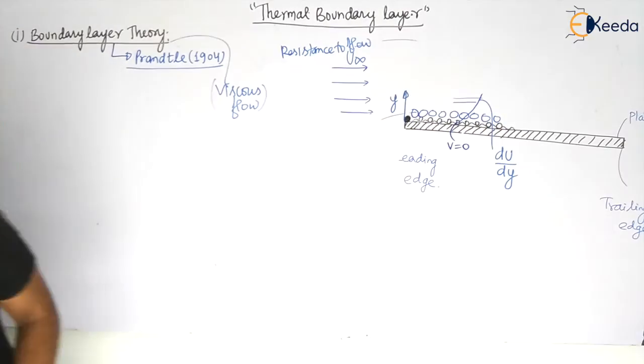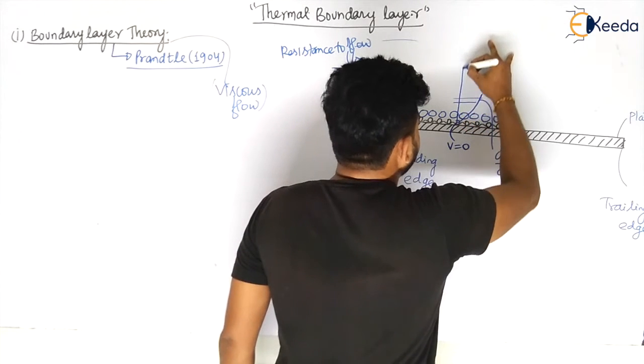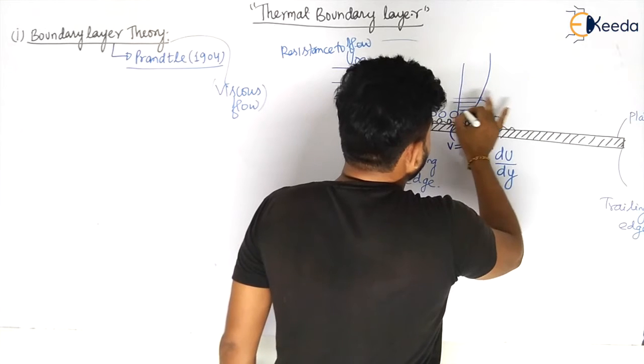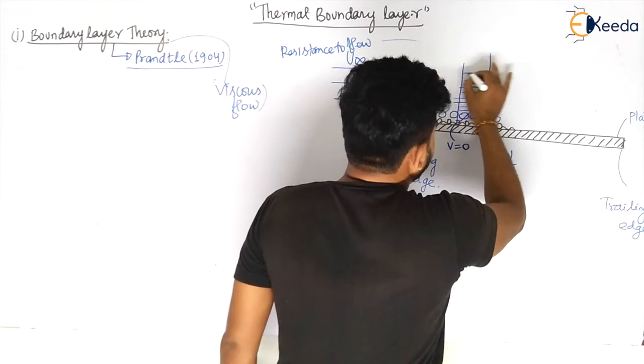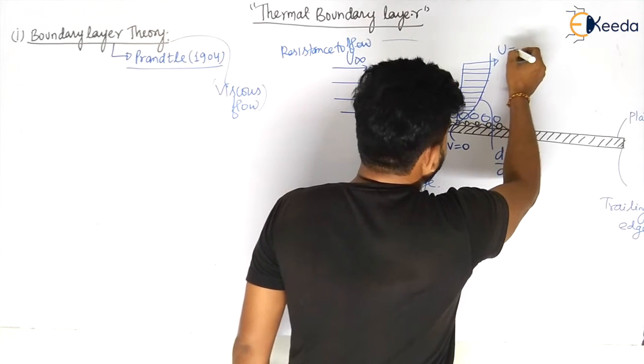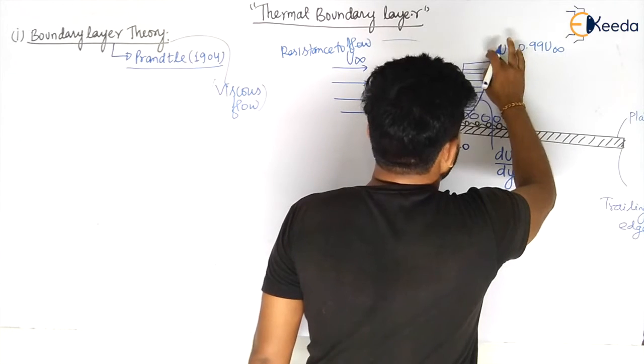In this direction the velocity is slowly increasing, and then it becomes equal to the free stream velocity, which we take as 0.99 u infinity, at that point.